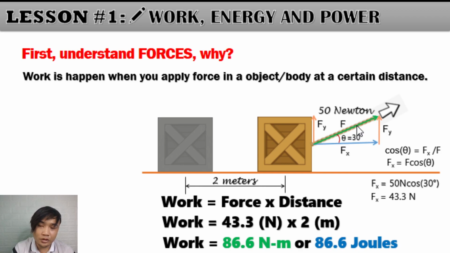So, imagine nyo, habang tumataas yung angle dito, mas lumiliit yung value ng Fx. Kapag hinihila nyo yung crate, habang tinataas nyo yung rope, mas bumabagal kayong hilahin siya, kasi mas maliit yung horizontal force na i-exert nyo para ma-pull nyo yung crate.